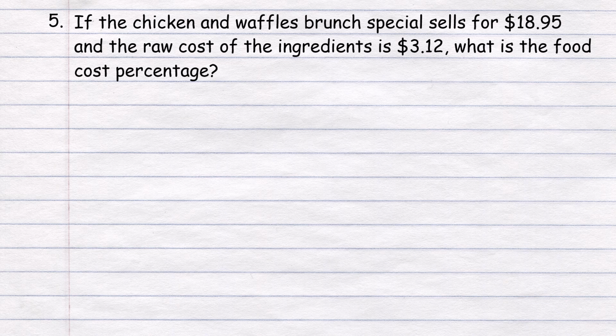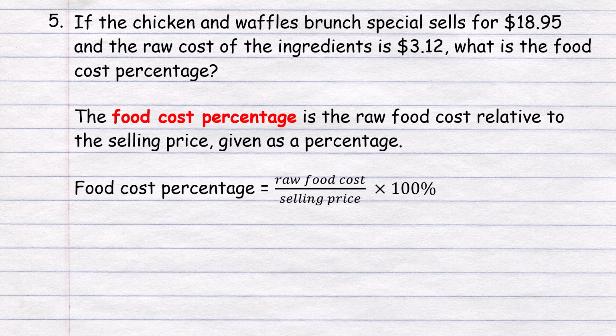What is the food cost percentage? So the first 4 problems, each of the first 4, same question. What is the menu price? In this problem, you're given the menu price. You're looking for the food cost percentage, right? So we've got our definition of food cost percentage.